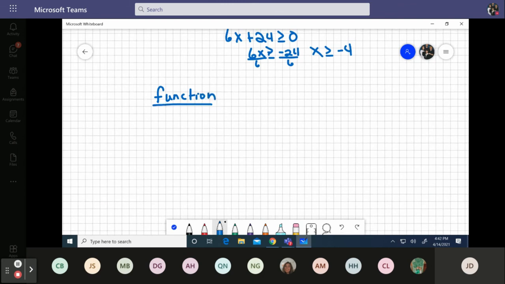Every x can only have one y for a function, right? And you're real used to people saying x cannot repeat, right? X can't repeat.